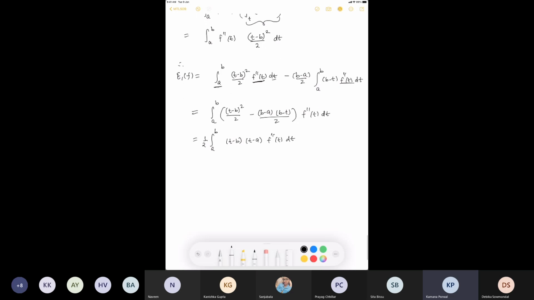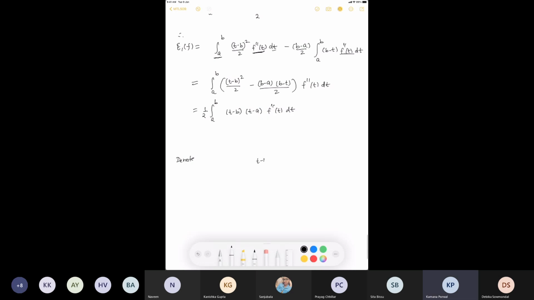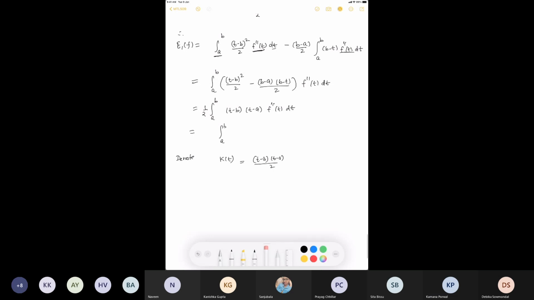Okay, so if I denote this factor (t minus b)(t minus a) divided by 2 as a new function, let's call it k(t), then this is nothing but integral a to b f double prime t into k(t) dt.